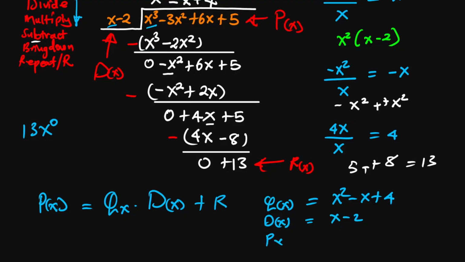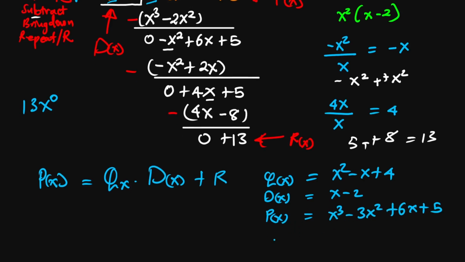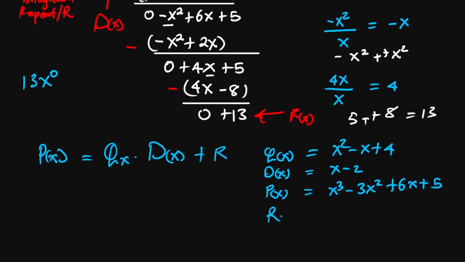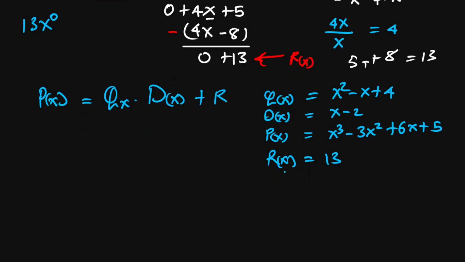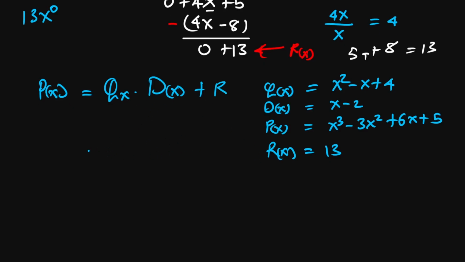The polynomial of x equals x cubed minus 3x squared plus 6x plus 5. And our remainder equals 13. Let's try to feed this information into this and see whether the left hand side will balance with the right hand side.